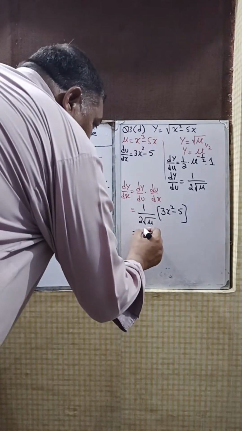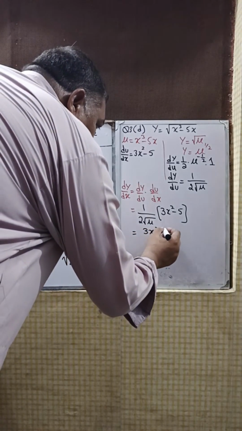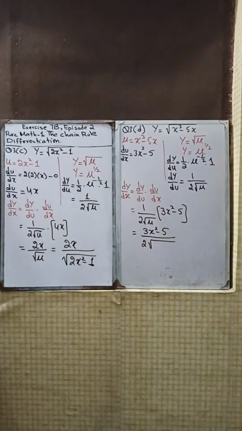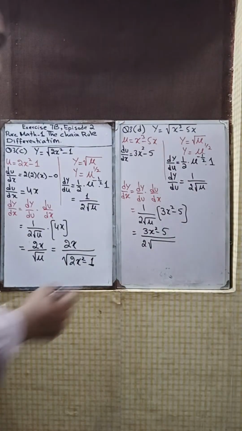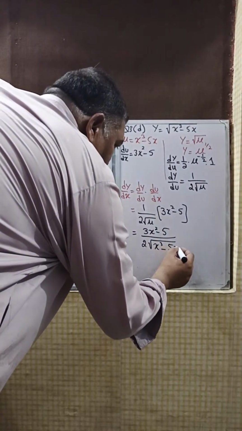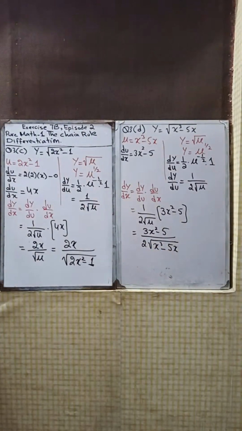So you will have 3x squared minus 5 divided by 2 under root x cubed minus 5x. So let me check if the answer is right. 3x squared minus 5 divided by 2 under root x cubed minus 5x. The answer is perfect. So this is how we do question number 3, its D part.